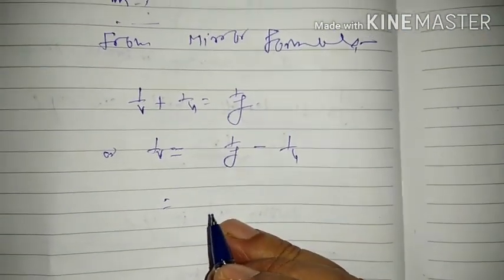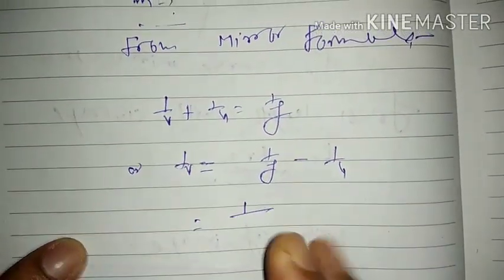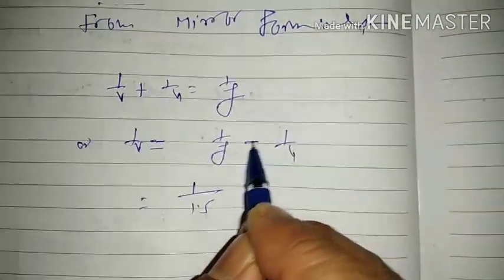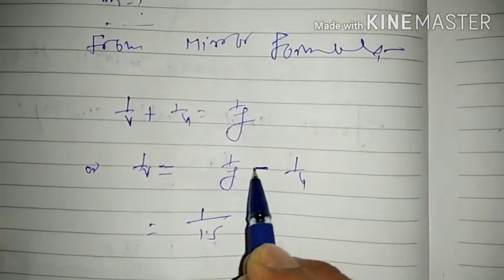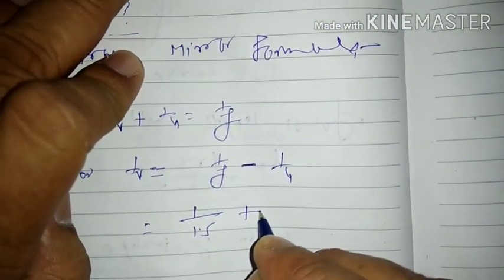1 by F will be 1 by 1.5, and this sign is positive, and U is negative. So minus of minus, minus into minus, will be plus.